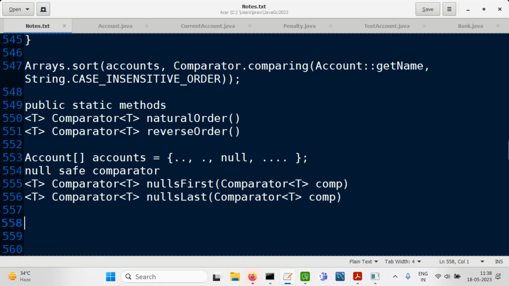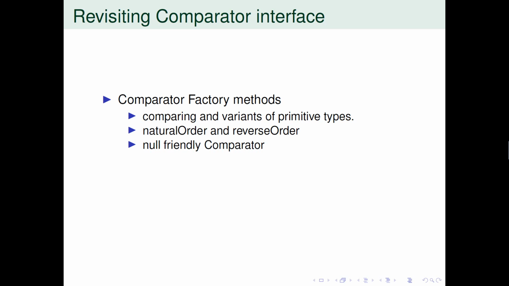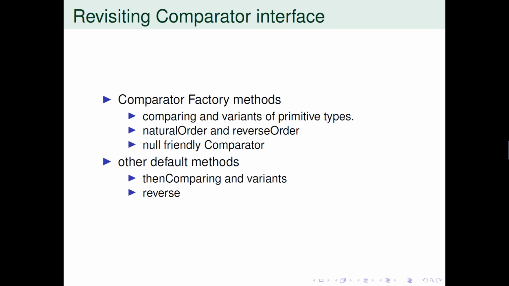Now another one here. So null-safe comparators, this is done. We have some more methods to create complex comparison logic, for example default methods.